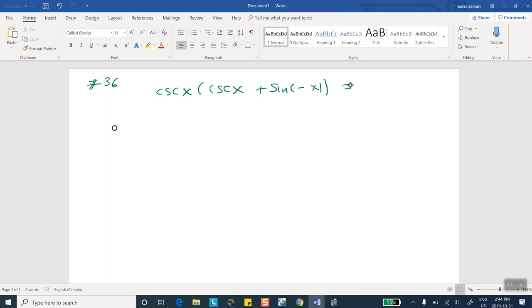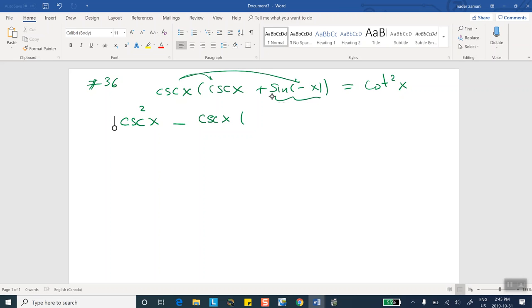We're supposed to prove that this is cotangent squared of x. Okay, so let's see. Well, maybe in this particular problem, we multiply these out. Cosecant x times cosecant x, or cosecant squared of x. And then there is a cosecant of x, we FOIL it, right?